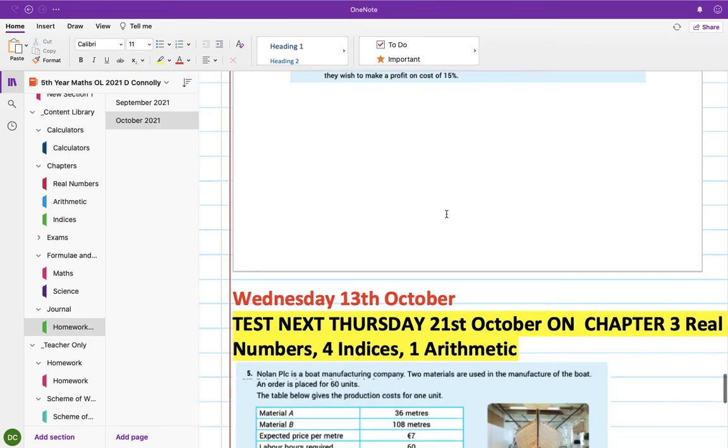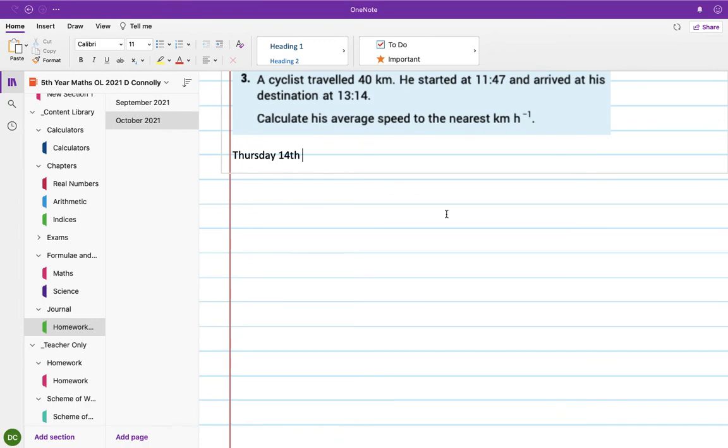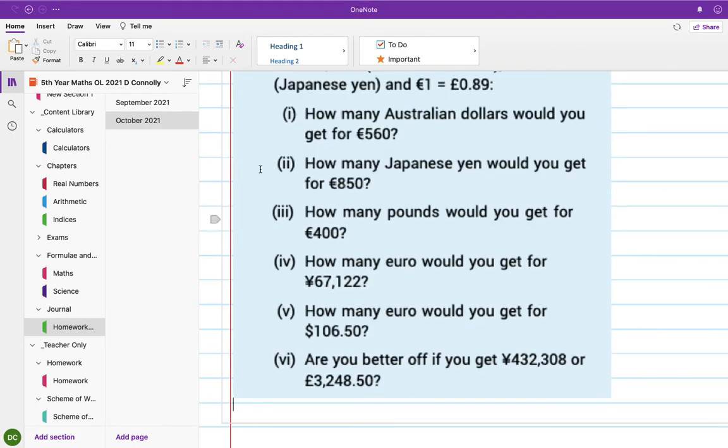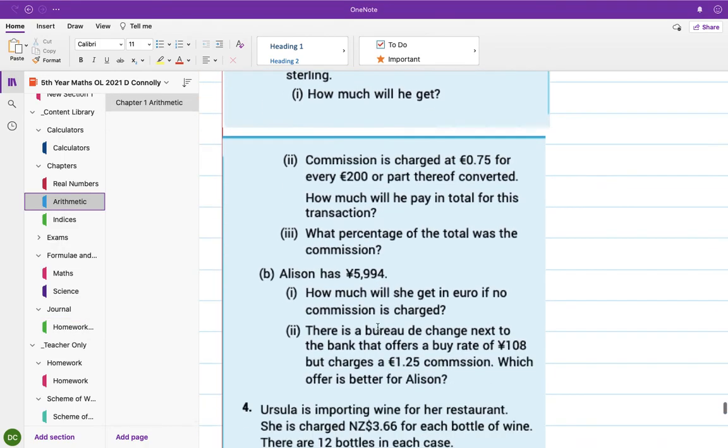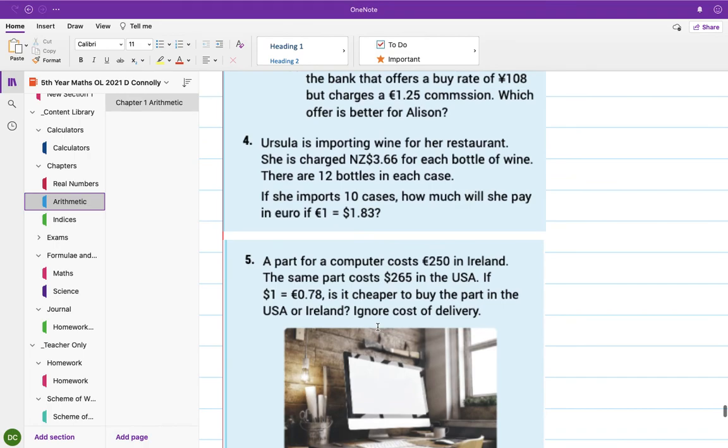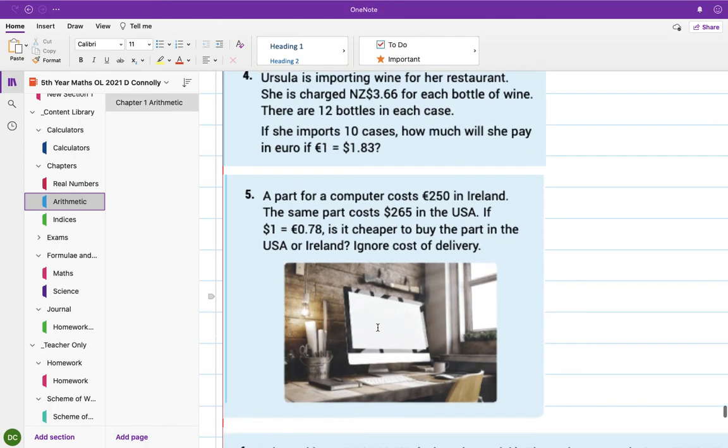So Thursday 14th. And then I saw another one there. At 4 and 5.